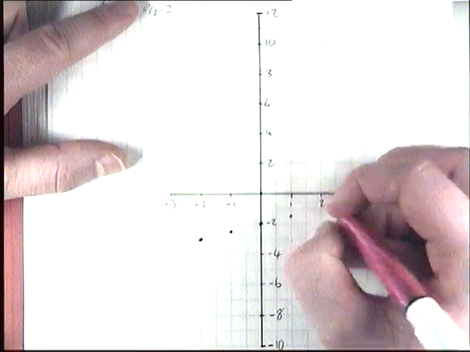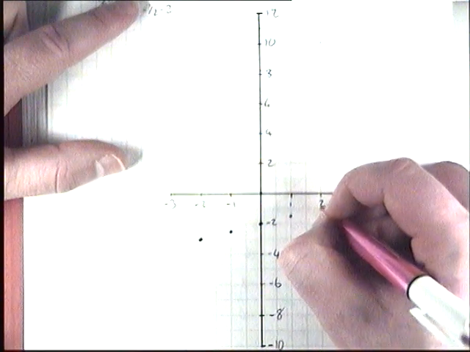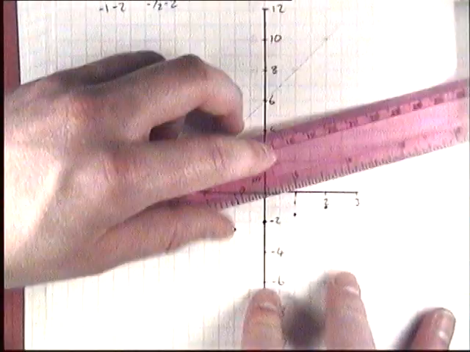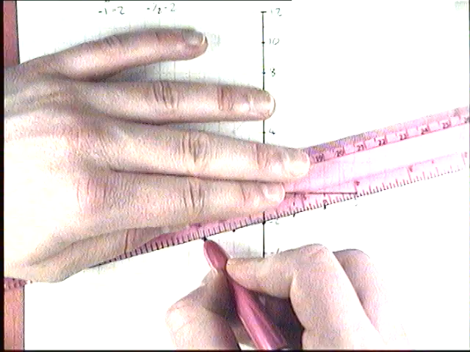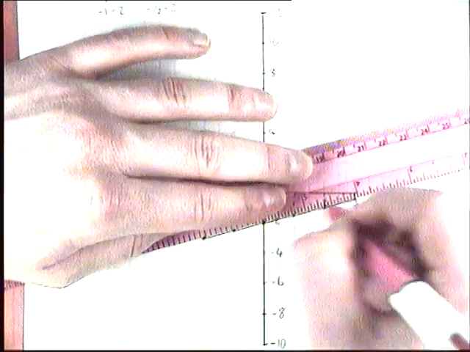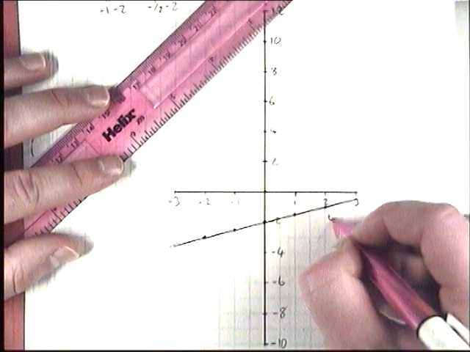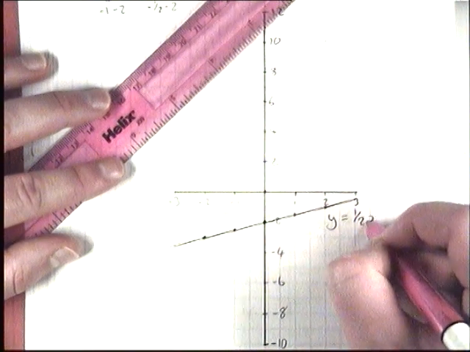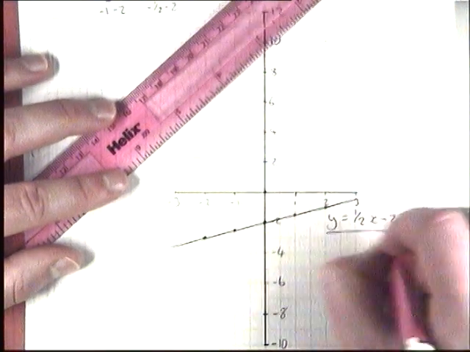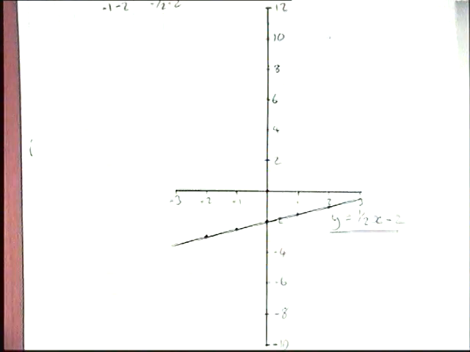And 2, -1. And then we're going to join those up right to the ends and label it y equals a half x minus 2.